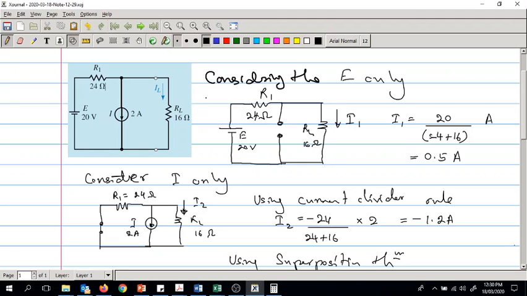Keep in mind that the purpose of using the superposition theorem is to avoid the complexity of mesh analysis, nodal analysis, and likewise circuit analysis techniques.